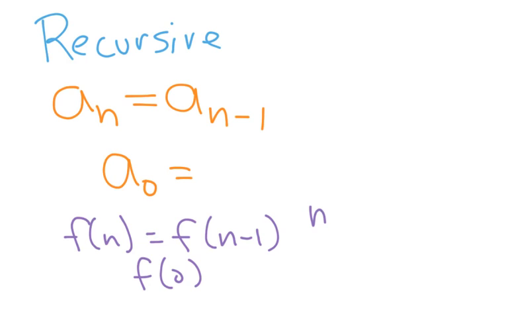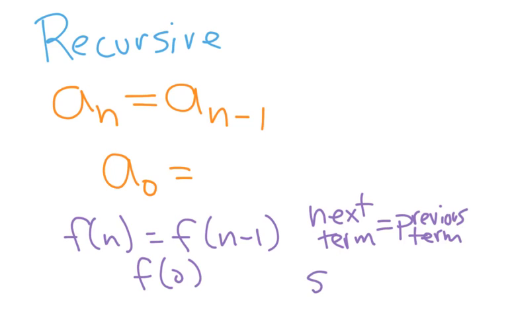Really, we could also write the next term is equal to the previous term, and the zero term equals. We could use any one of these in reality. The one we're using more is this one, though.